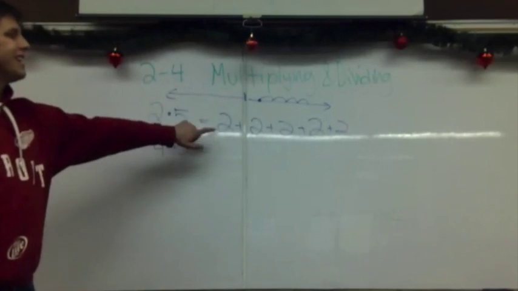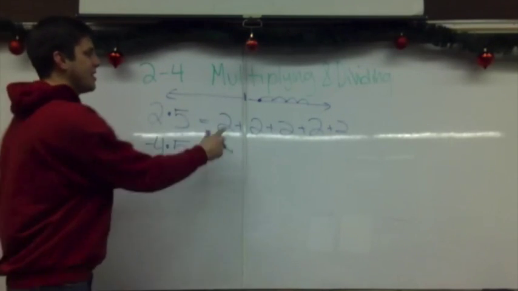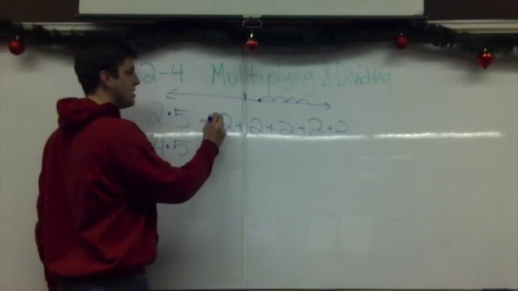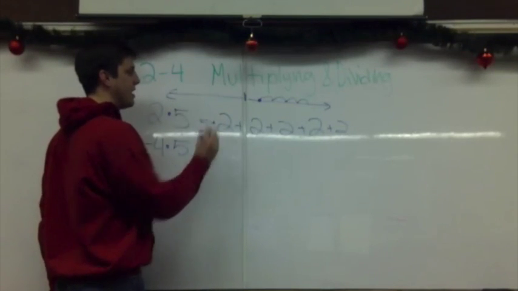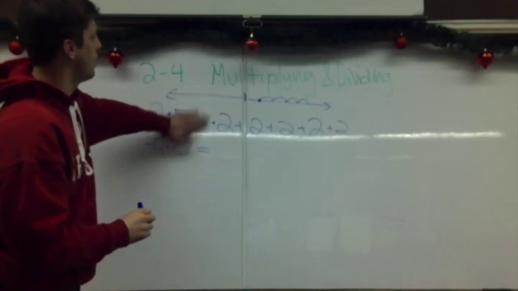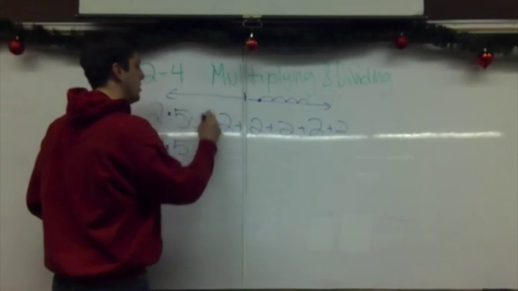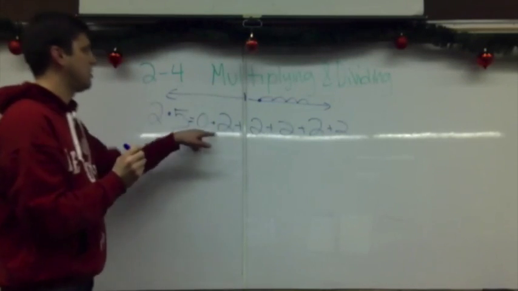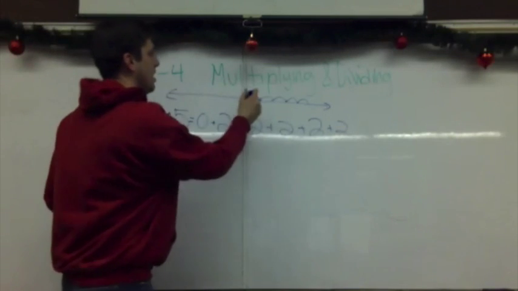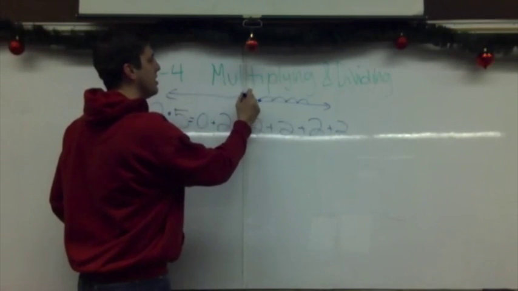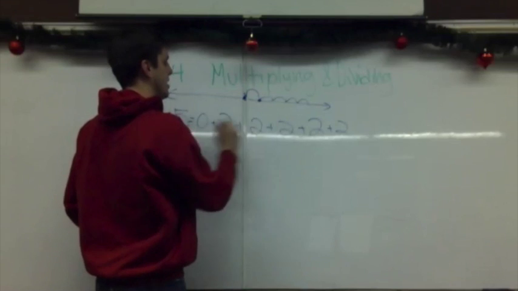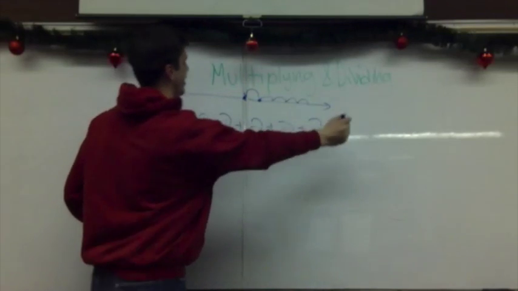Now, there's something hidden in this one up here, and it's the fact that this first 2 is a positive 2. You could think about it like 0 plus 2 plus 2 plus 2. And if you think about it like that, then your starting point is 0, you add 2, then you add 2, then you add 2, then you add 2, then you add 2.